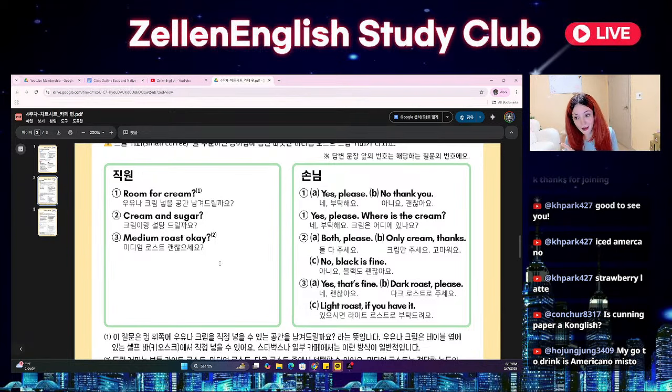Sometimes there's only one option, but they might say medium roast, which means a medium strength coffee. You can say, yes, that's fine. Or if you like it stronger and darker, you can say dark roast, please. I actually like to order dark roast at Starbucks because I feel like the coffee's a little bit weak. Or light roast if you have it.